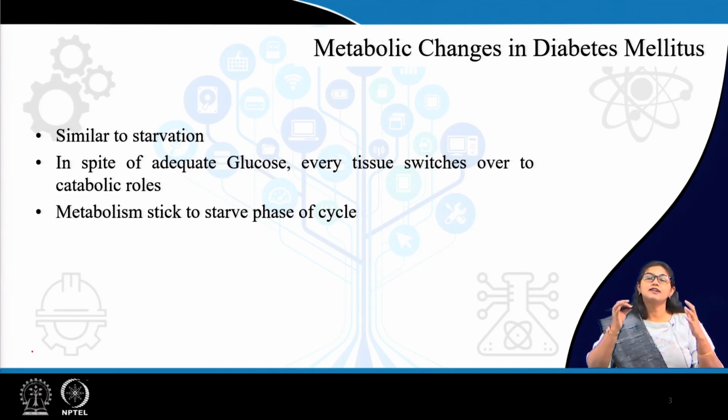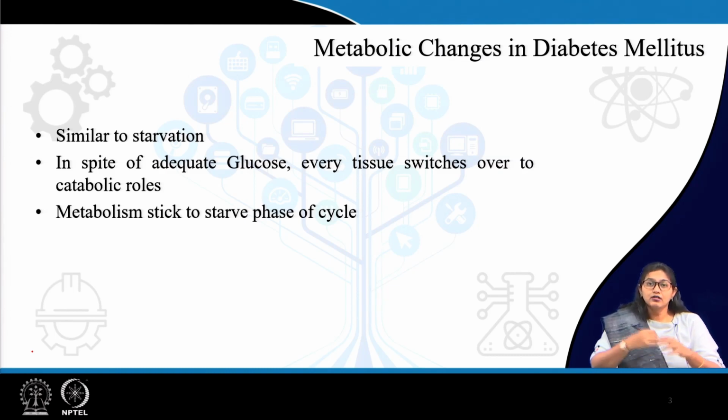Now, diabetes mellitus is one such condition which is very much similar to the starvation phase of metabolism. Why? Because even if there is adequate supply of glucose, there is insulin deficiency or insulin resistance.